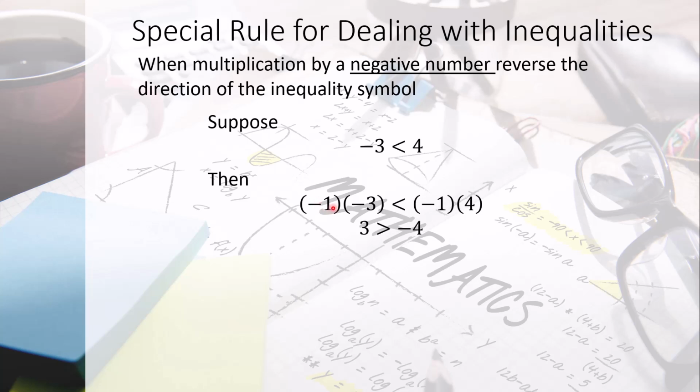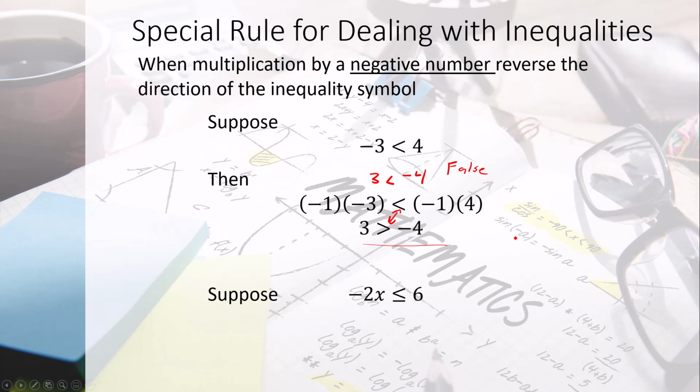If I did that and did not change the sign, I'm going to have that 3 is less than -4. Is that a true statement? No, it is false. To make it a true statement, you actually have to change the direction of the inequality symbol.